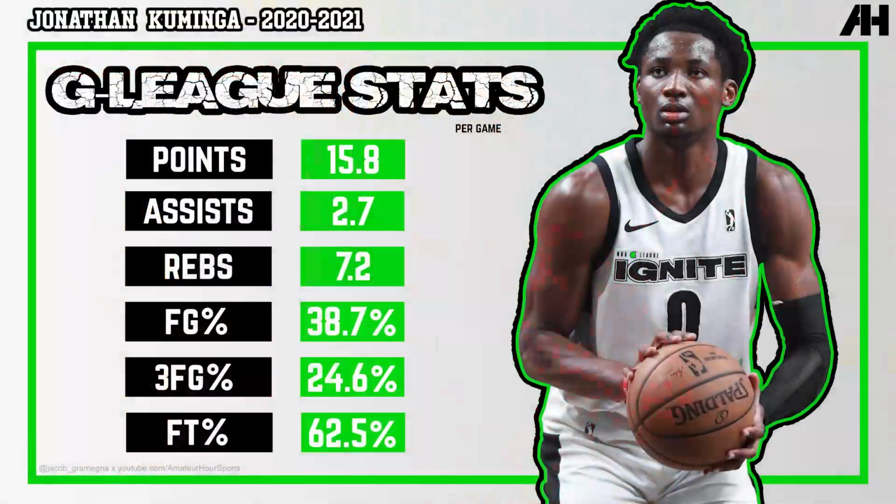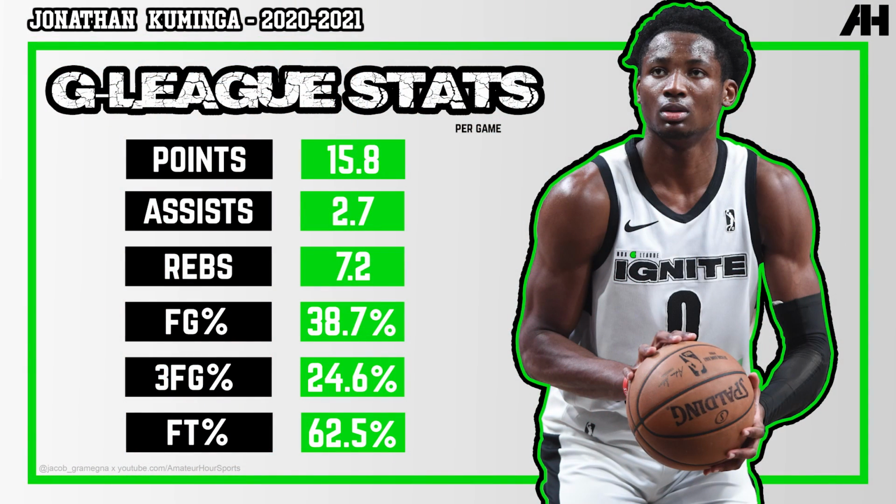But here's where we get to the drawbacks, because there are quite a few drawbacks for this player, especially in the shooting category, because his field goal percentage this season was 38.7, and that is his field goal percentage. That's what I would probably like to see from your three-point percentage, but that is his field goal percentage. You move down to his three-point percentage and it just gets even worse.